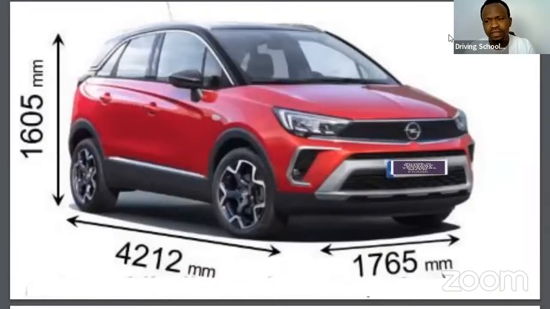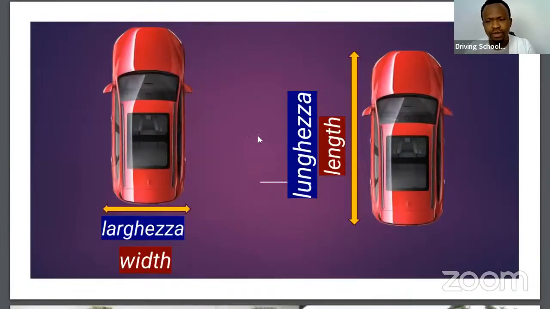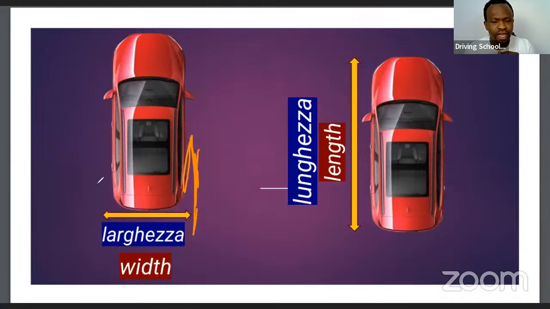Now, this same vehicle here, this is the width, which is the larghezza, while this one is the length, which is the lunghezza. Then lato, when they refer to lato, they are referring to this side, this side.